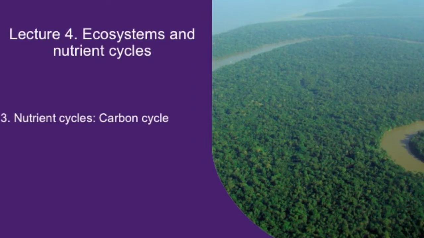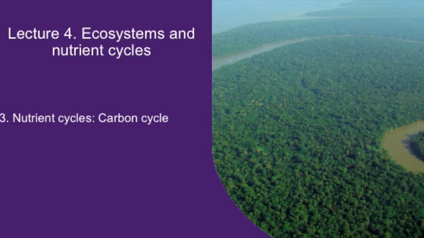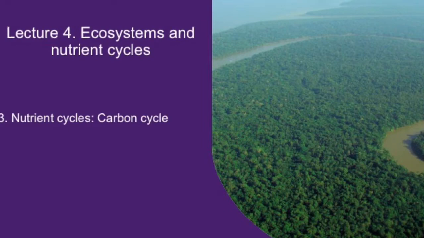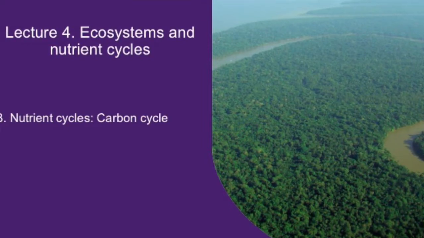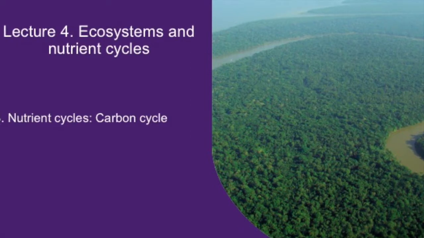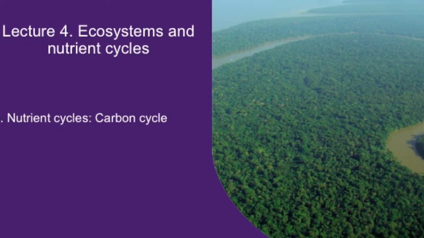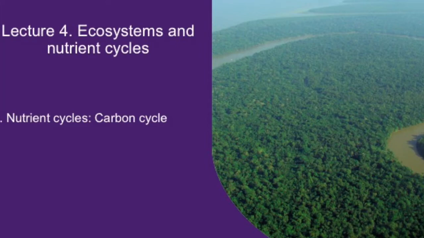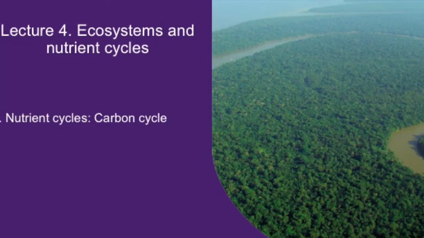So the largest human-driven flux in the carbon cycle is the emission of CO2 from the burning of fossil fuels, and the second one is a perturbation of the land use or the terrestrial ecosystems. But there are some other influences that we're going to discuss that include the cement production.